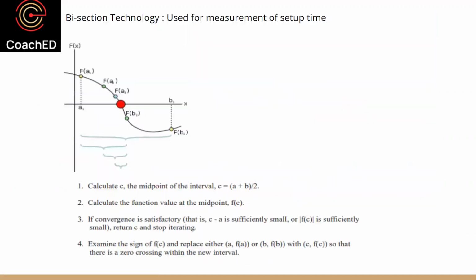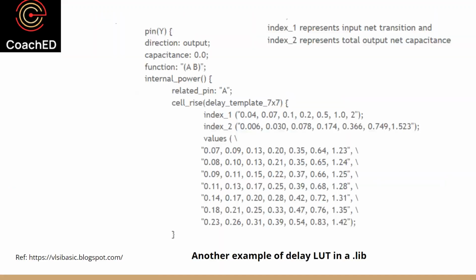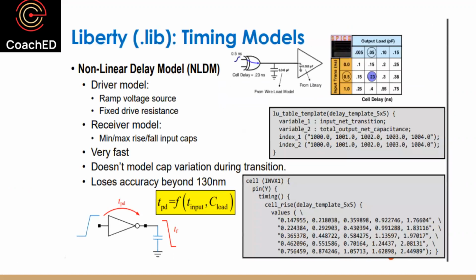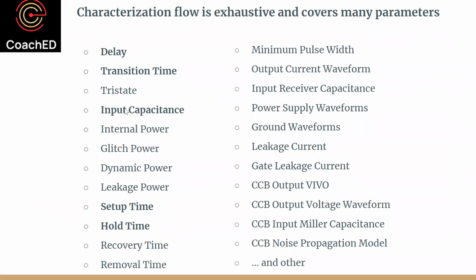As I was showing here, if you remember, there are a lot of things which are captured in the characterization flow. Part of this complexity is because with advanced process nodes, a lot of new and complex effects are showing up, which need to be characterized in the .lib.